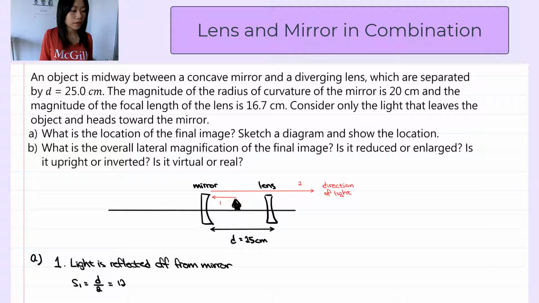which is 12.5 centimeters. And the radius of curvature is given that the magnitude is 20 centimeters. And it is a concave mirror, so we have positive R. So R would be positive 20 centimeters.